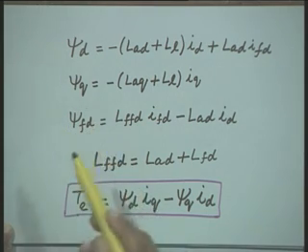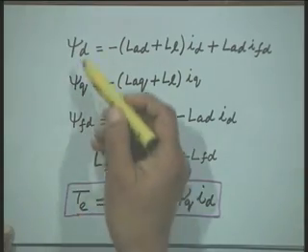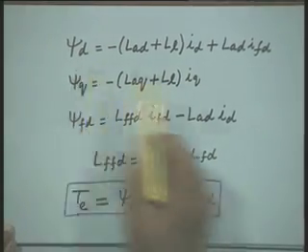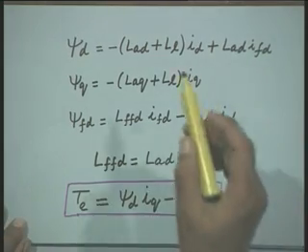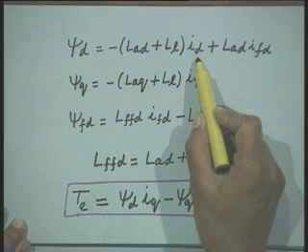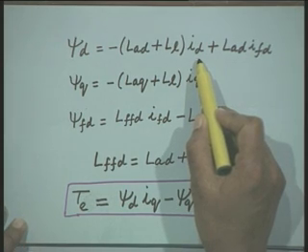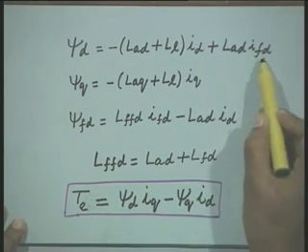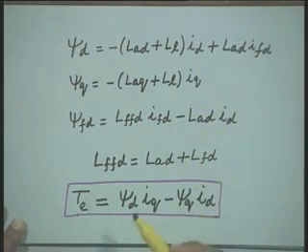Psi FD is a state variable, while psi d and psi q are not state variables, but we can see here that psi d can be expressed in terms of these inductances, ID, that is the direct axis component of the synchronous machine stator current, and IFD. Now, these equations are known to you.